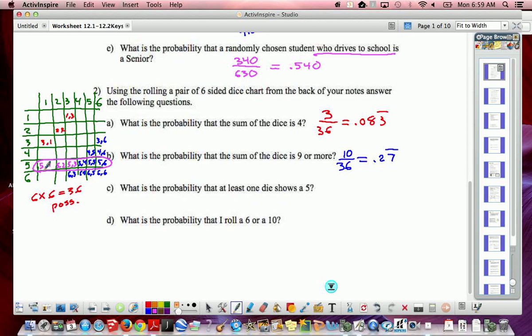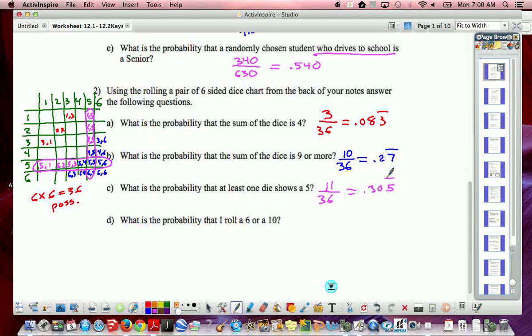Likewise, going down the column, this 1, 5, 2, 5, 3, 5, 4, 5, 5, 5, and 6, 5 also. Now here's the tricky part. Many people will want to say, well, I have 6 here and I have 6 here, so I have 12. But the double 5 you don't want to count twice. So if you just count the actual number of possibilities, you only have 11 of them out of 36, which ends up being 0.30 with the 5 repeating.